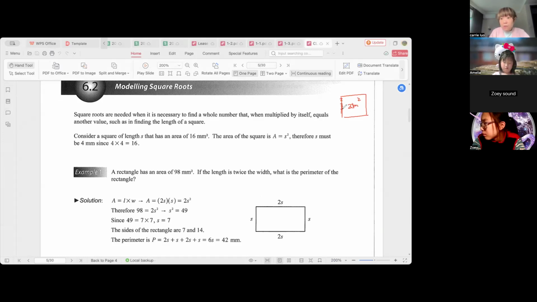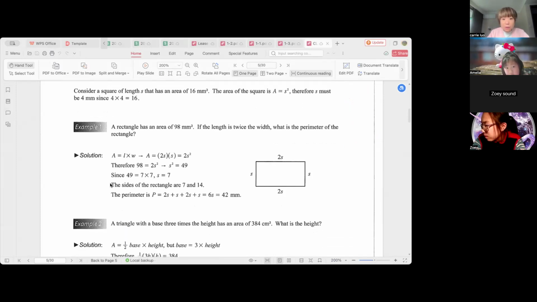You need to know how much material you need to buy from Costco or London Drugs. Oh, sorry, the Canadian Tire, something like that, right? So the square root of 25 equals 5 meters, and for that you need 20 meters of material to build the fence, correct? Okay, so this is how we use the square root.